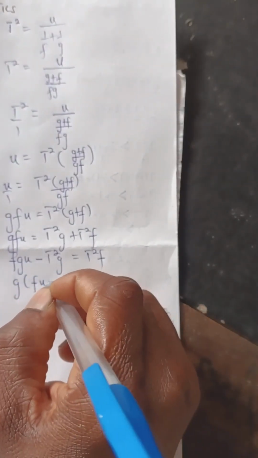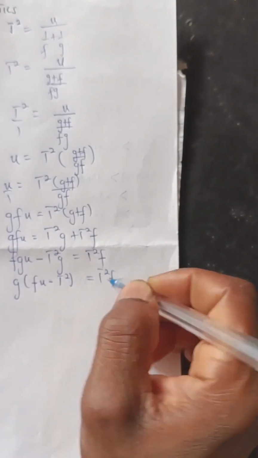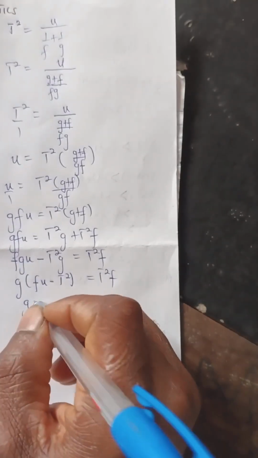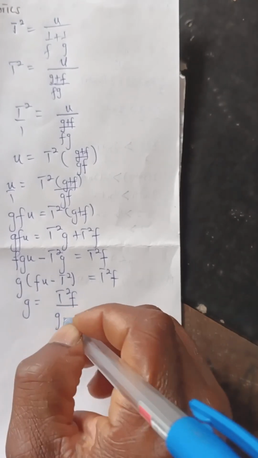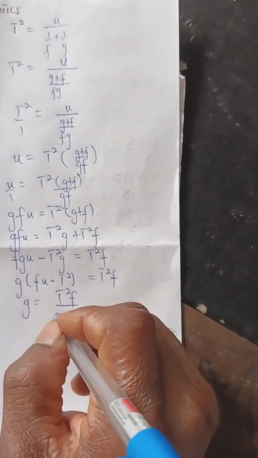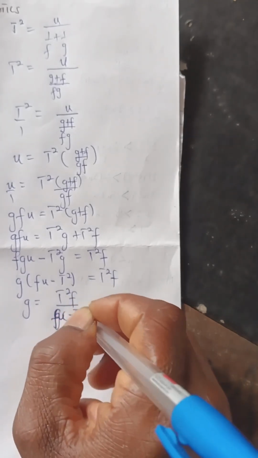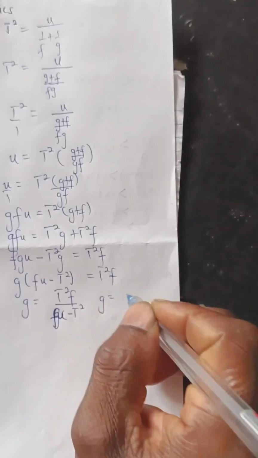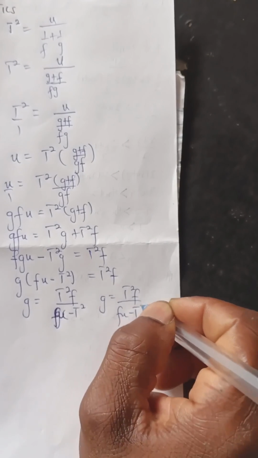G times FU minus T squared is equal to T squared F. G now becomes T squared F all over FU minus T squared. So G is equal to T squared F all over FU minus T squared.